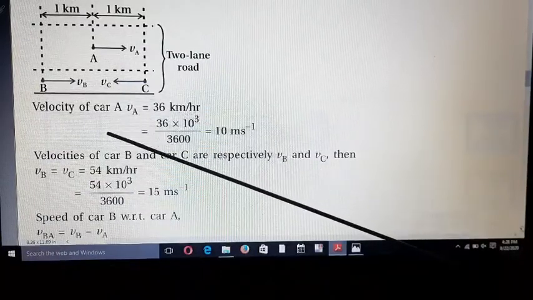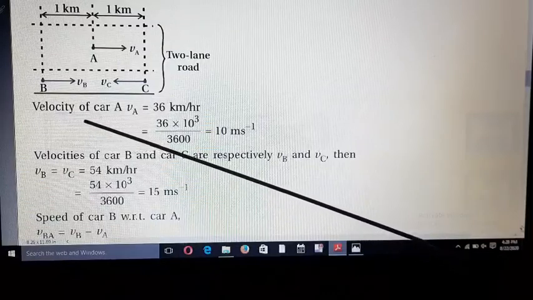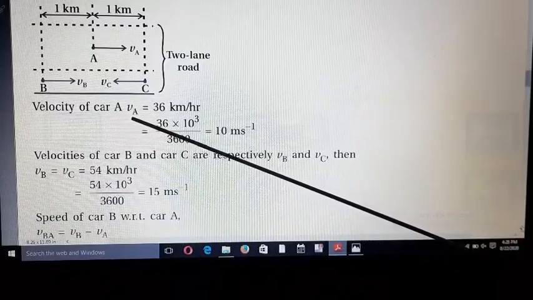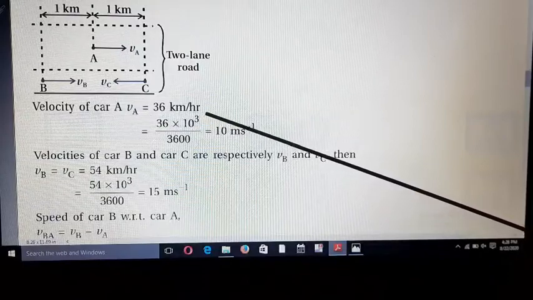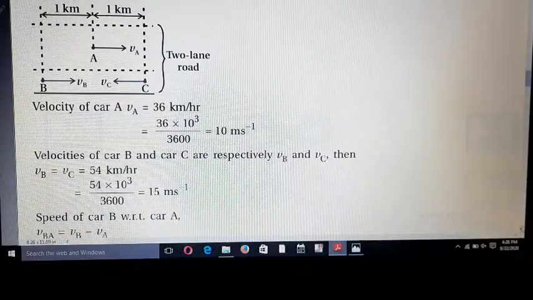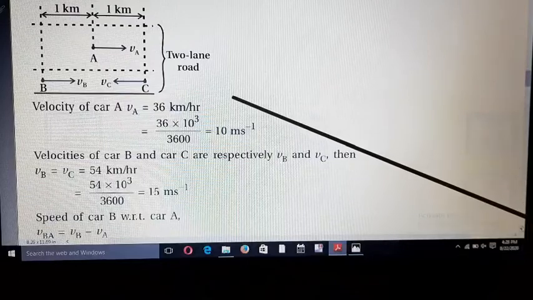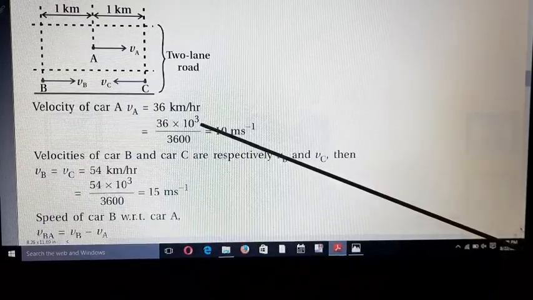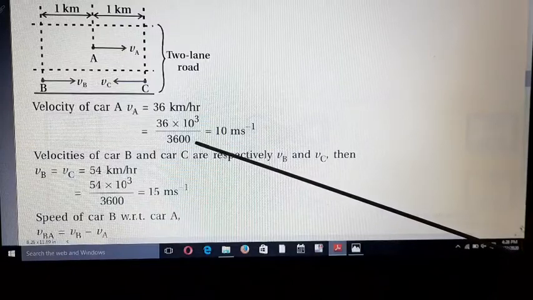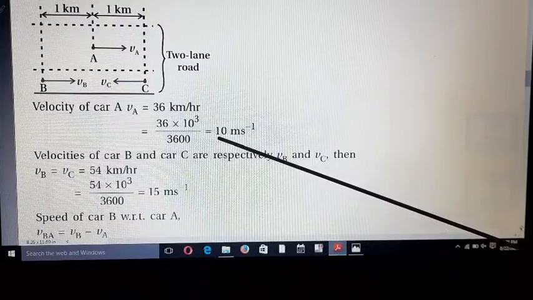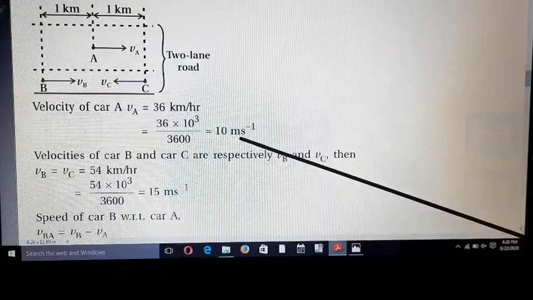Okay, so first of all, the velocity of car A, Va, is equal to 36 km per hour. Now we want to convert it to meter per second. So multiply by 1000 and divide by 3600, and we get the answer 10 meter per second.